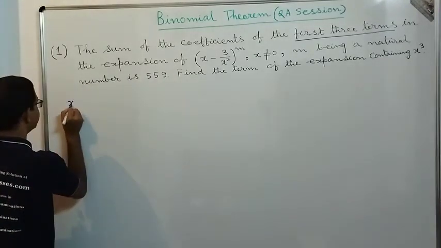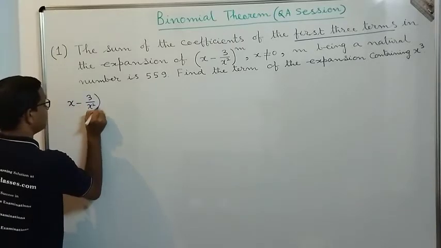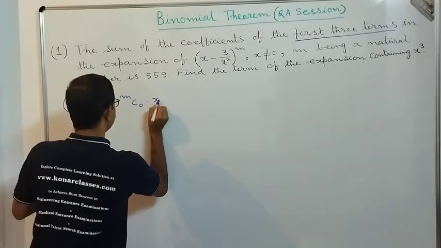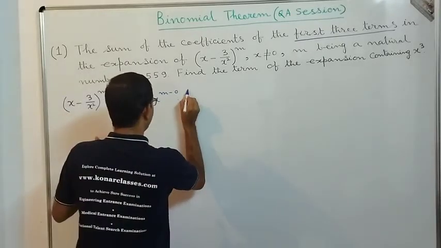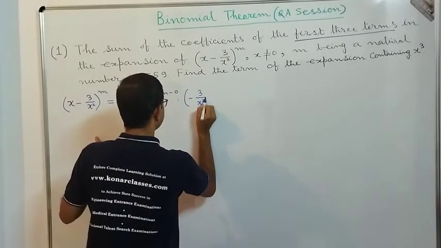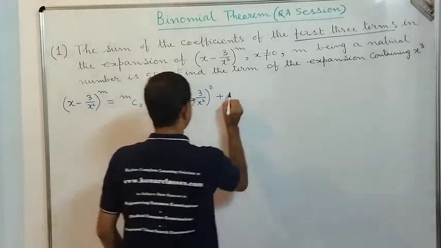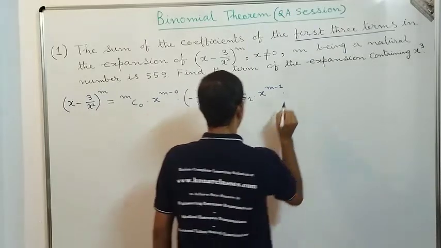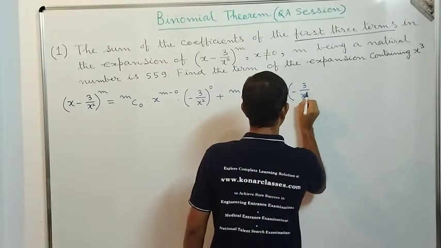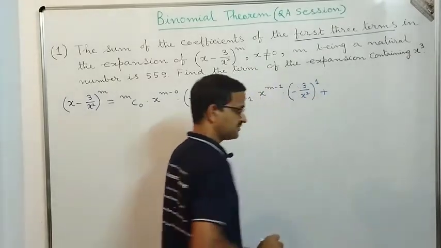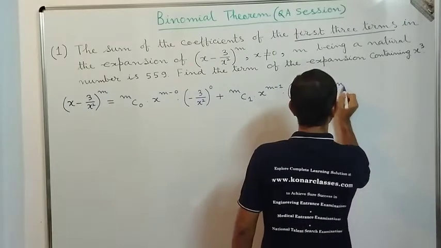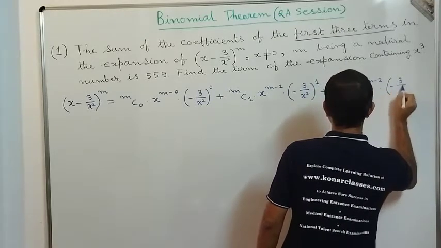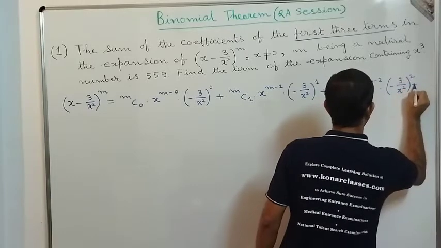If we look into it, (x minus 3 by x square) to the power m, and if we expand, the first term will be mC0 into x to the power m minus 0 into (minus 3 by x square) to the power 0, plus the second term mC1 into x to the power m minus 1 into (minus 3 by x square) to the power 1, plus the third term will be mC2 into x to the power m minus 2 into (minus 3 by x square) to the power 2, and after that it will continue.